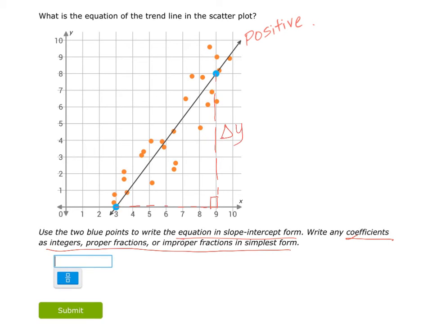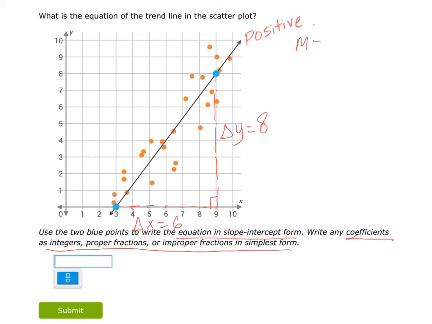Delta y, let's see, it's increasing, it's going up. We know it's a positive trend. So let's see how many steps it's going up by. 1, 2, 3, 4, 5, 6, 7, 8. 8 steps. And then similarly, our delta x, or change in x, is going up by 1, 2, 3, 4, 5, 6.